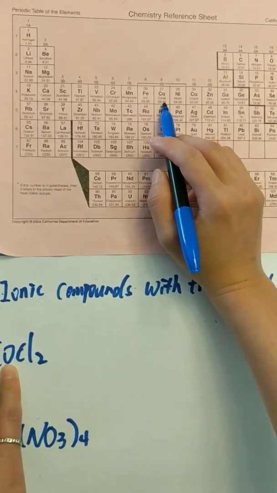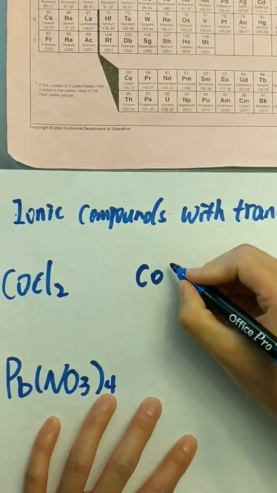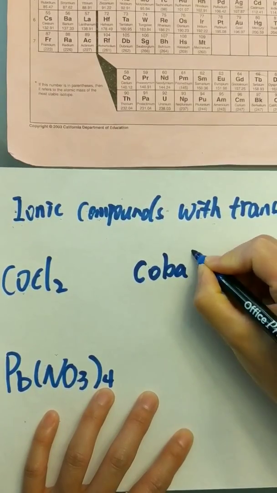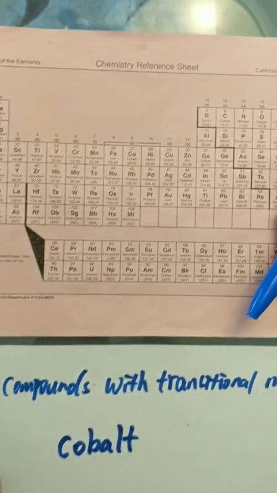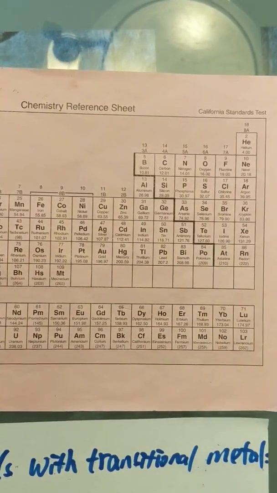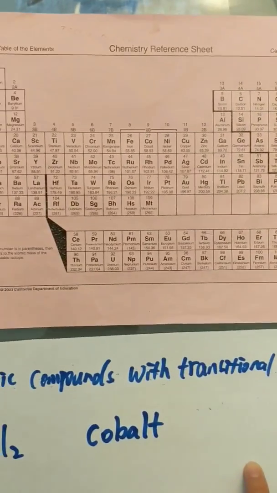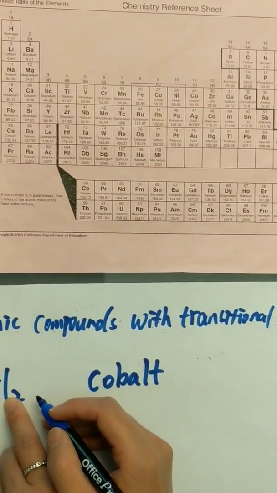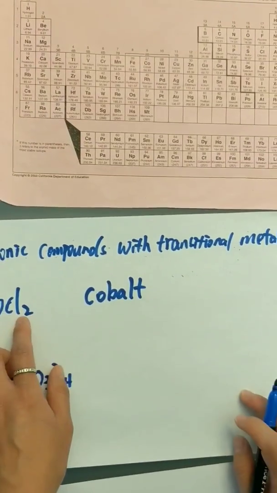CoCl2, Co, that means that is cobalt. Cl, that is chlorine, the same as the ionic bonds, remove the end and add IDE at the end of the chlorine.